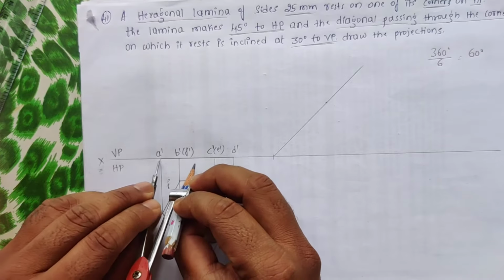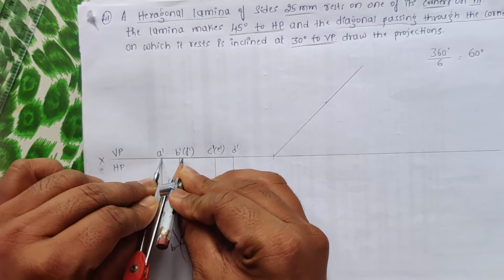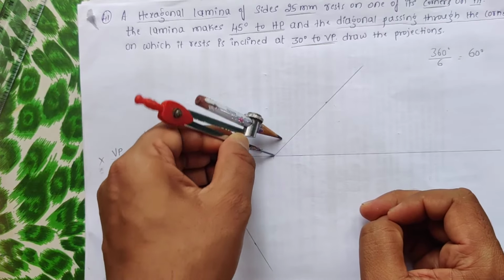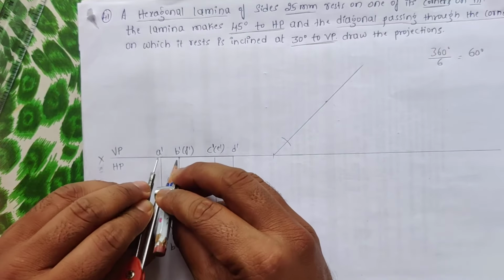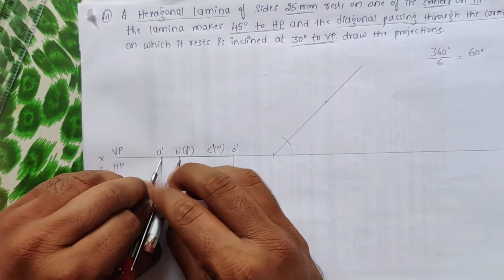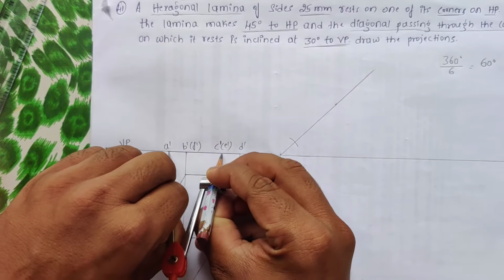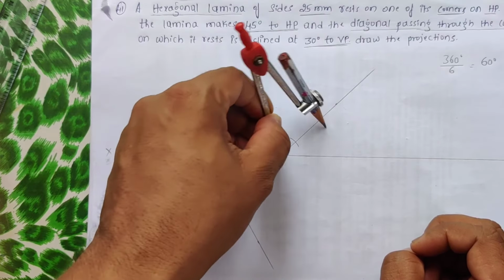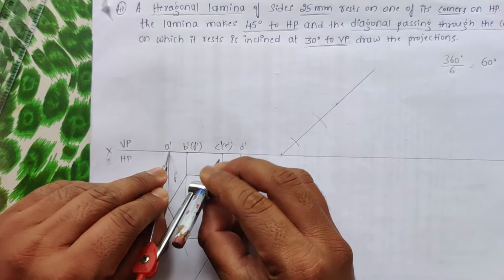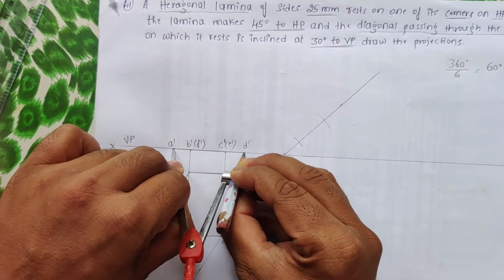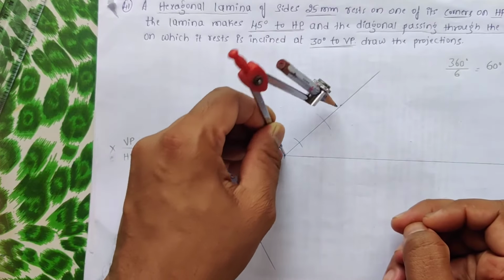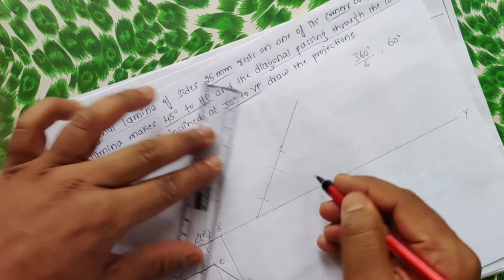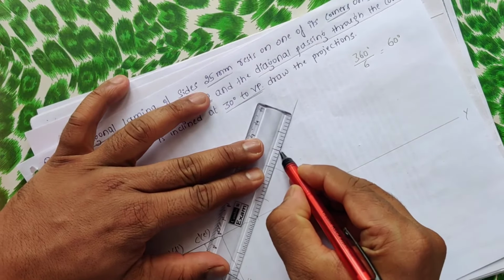First measure A dash to B dash F dash. Cut the same on this line. Next measure A dash to C dash E dash. Cut on this line. And next measure A dash to D dash and cut the same on this line. Now you can increase the thickness of even this line.